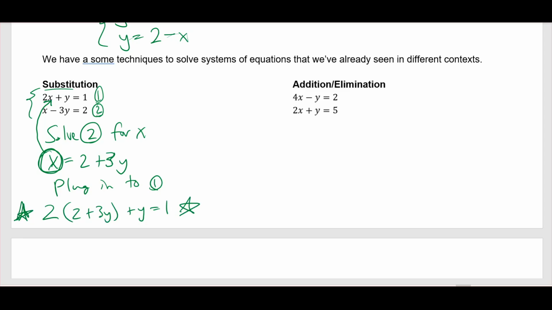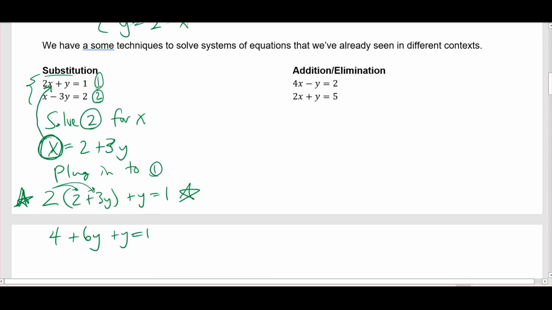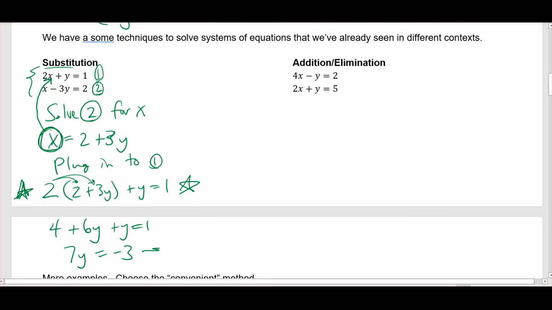So we do, right? We can distribute this 2 here. We got 4 plus 6y plus y equal 1. Continuing on here, collecting our like terms, we'll have 7y's over there, and we have a negative 3 on the other side. So then we have y equals negative 3 over 7.